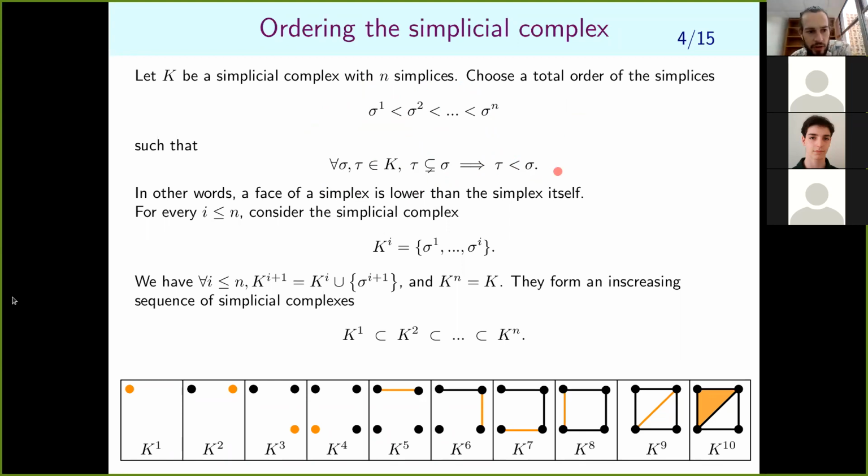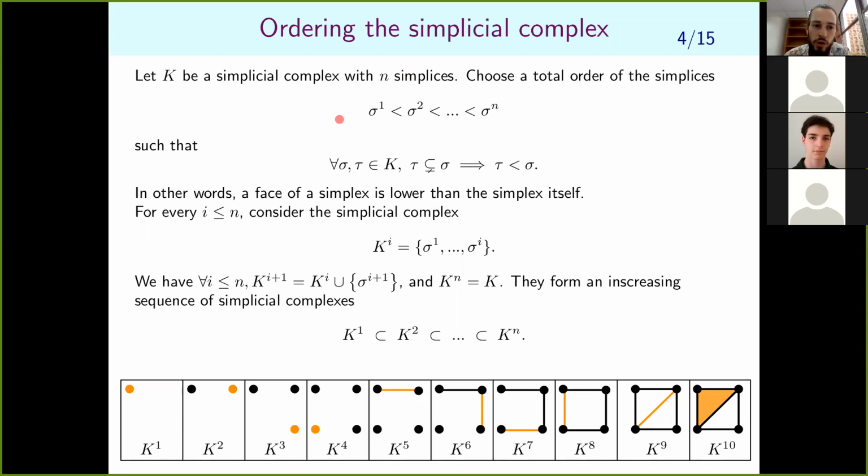And I give an example here. Say that my simplicial complex is this one. So we will look at our simplicial complex simplex by simplex. I have the input simplicial complex, K, and I will pick an order of the simplices.